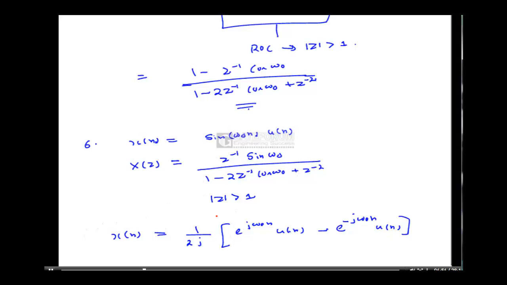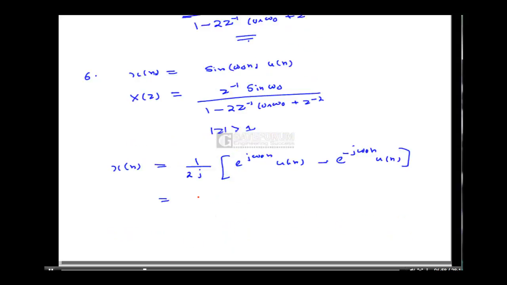Solving the Z transform for this, I will get 1 by 2j, 1 upon 1 minus e to the power j omega naught z inverse minus 1 upon 1 minus e to the power minus j omega naught z inverse.